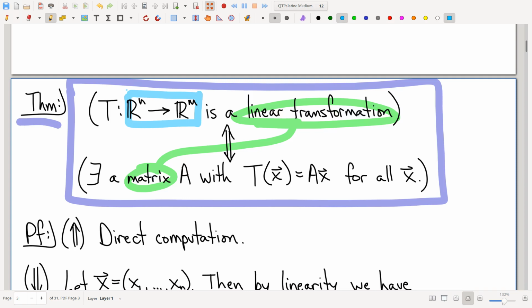And when I say that they are matrices, what I mean is that if you turn the matrix into a function by way of this formula, then you will get that same linear transformation. So details matter, but interpreted with these qualifications, linear transformations are matrices. A really important fact. I hope you all remember this from linear algebra.